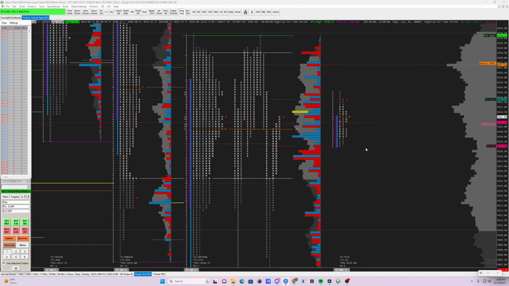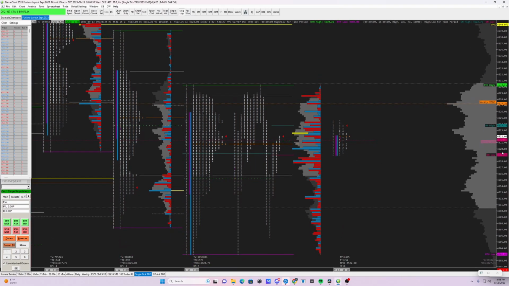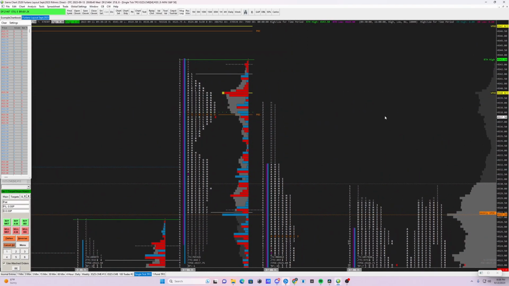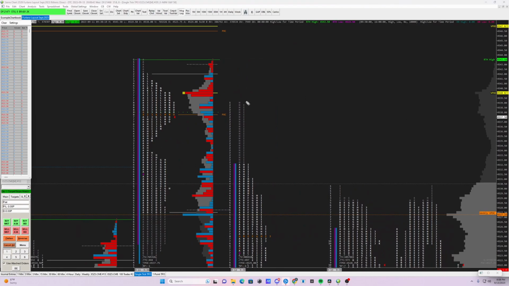Okay, so when I'm looking at the TPO charts, I want to look for highs or lows that have equal highs or less than one tick removal from the high, one tick of excess above the high. So in this case, we can see we have an H and an I period.